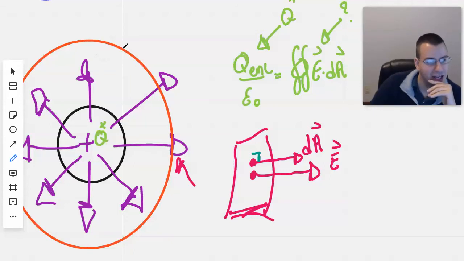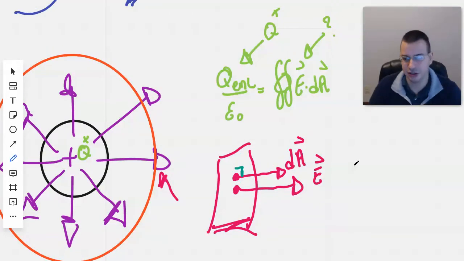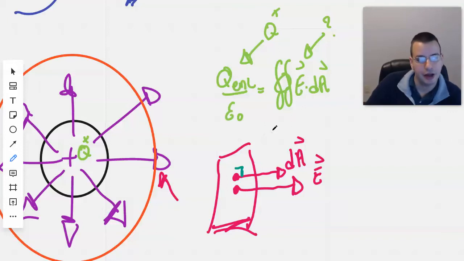And you can see at every point the electric field will be perpendicular to the Gaussian shape. Now I know this isn't a rigorous proof, but I'm trying to convince you reasonably. There are a lot of formalities that I'm skipping, but the electric field at every point of this sphere will be the same.